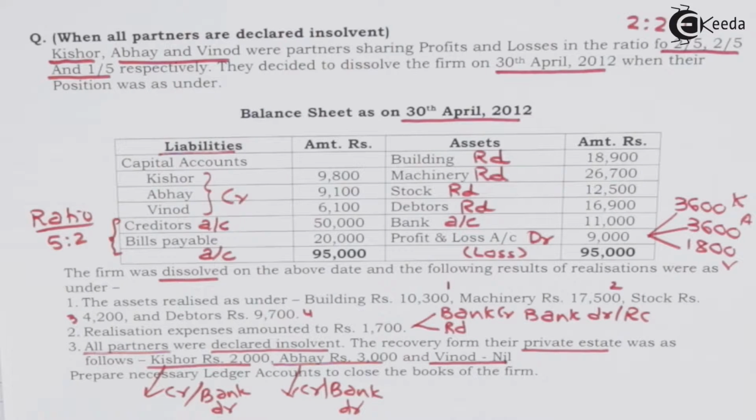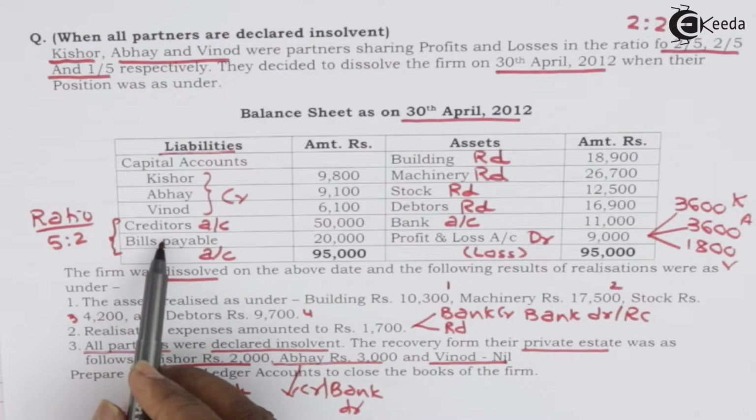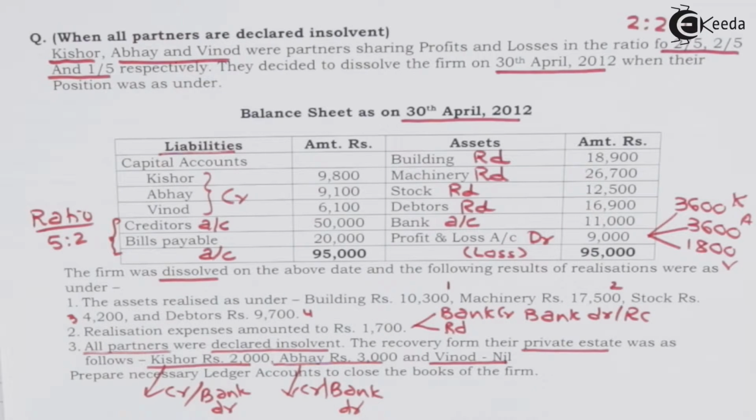In this problem, we are required to open a realization account, partners capital account, cash bank account, creditors account, bills payable account. Along with that, we'll be opening one new account called deficiency account.